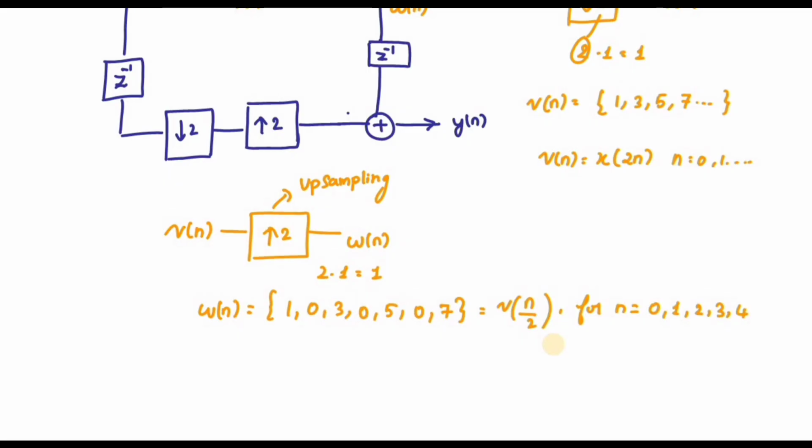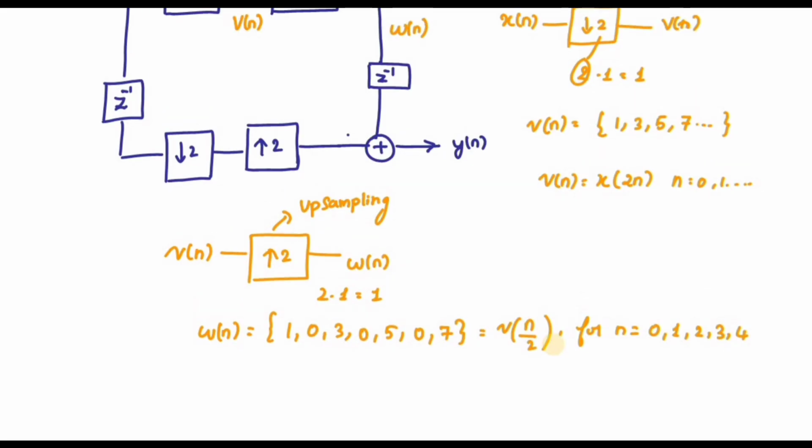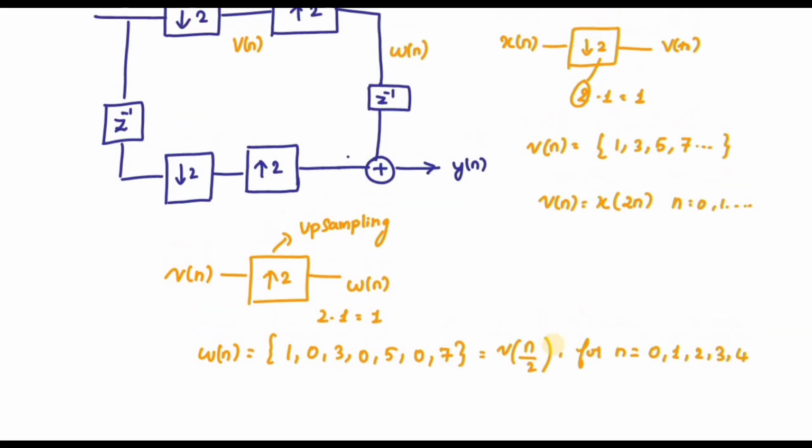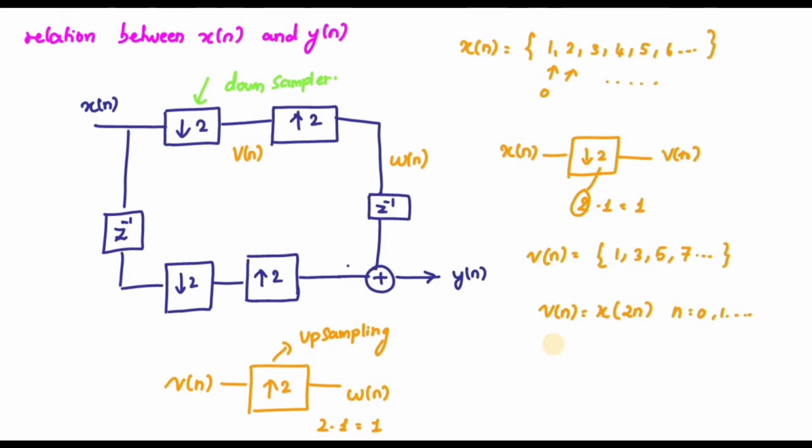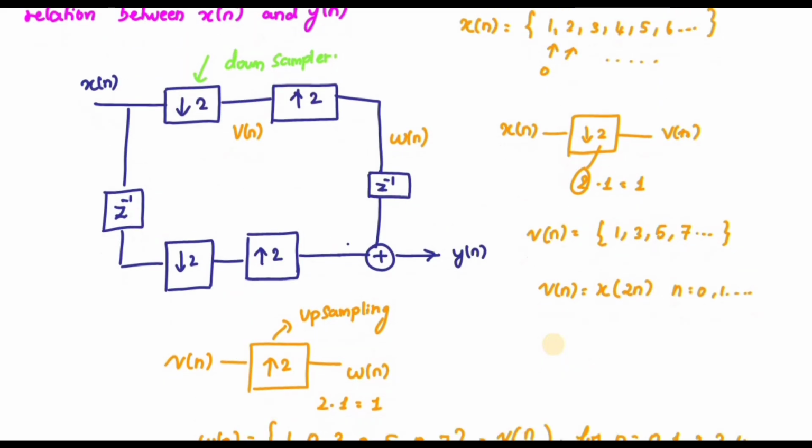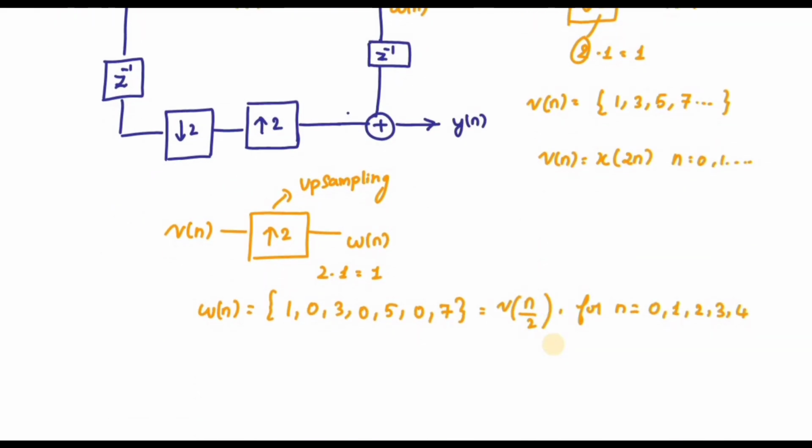So how to write w of n in terms of x of n? This is equal to x of n for n equal to 0, 2, 4, 6, and it is equal to 0 otherwise.